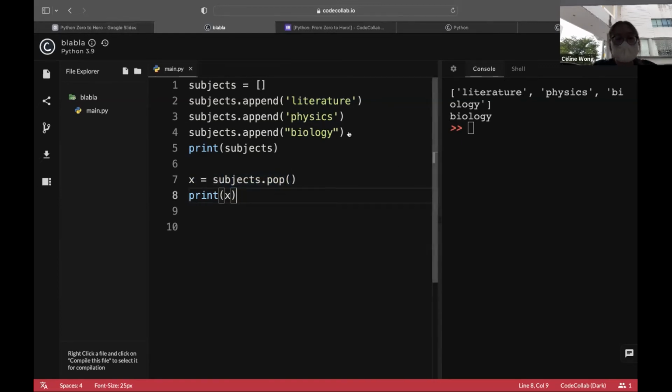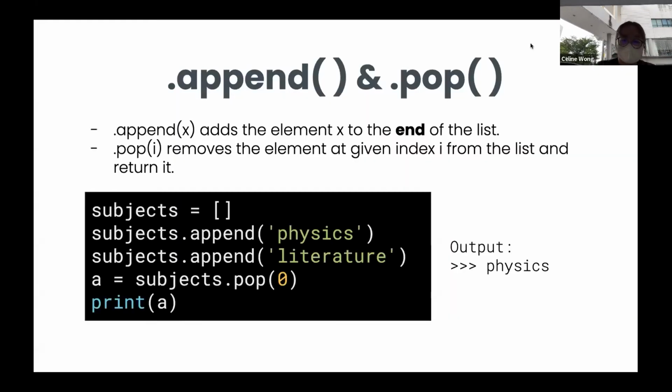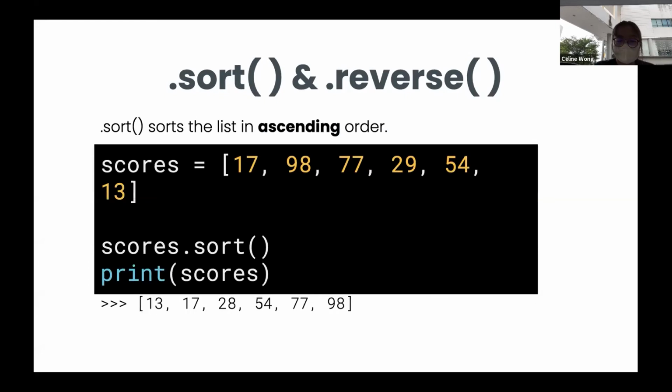So again, to recap, we can use the dot append method to add an element to the end of the list and the dot pop method to remove an element from a list. Next is the dot sort and the dot reverse method. Very straightforward.